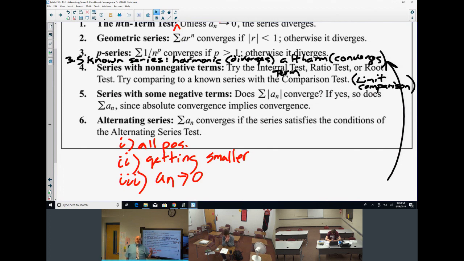We're going to do some different types of convergence next. But I'm going to go ahead and post the handout at the top of chapter 10. It's a summary of the tests that we'll do. So you could take a look at that and see if you have any questions on that.